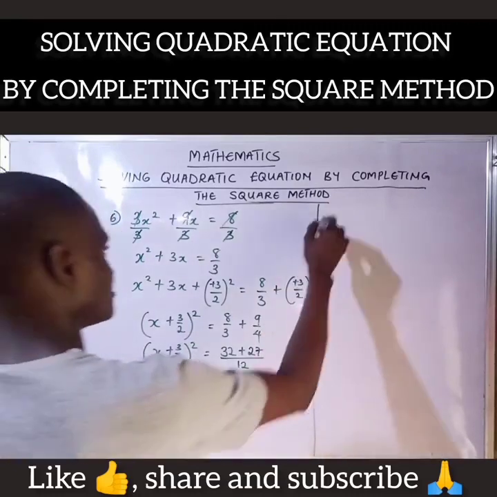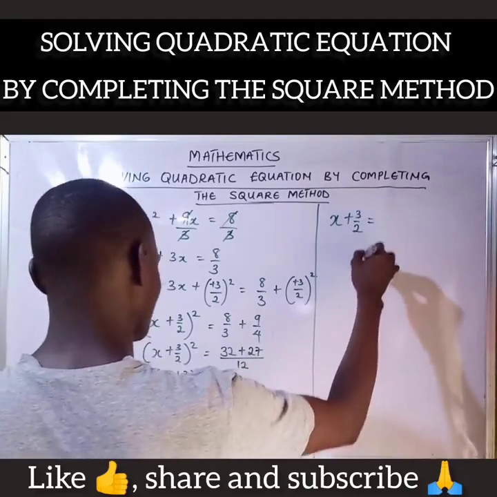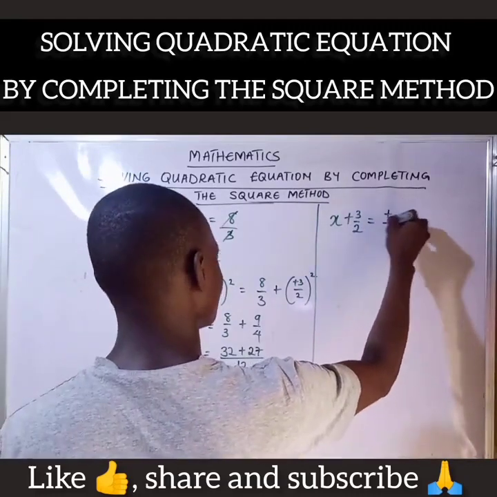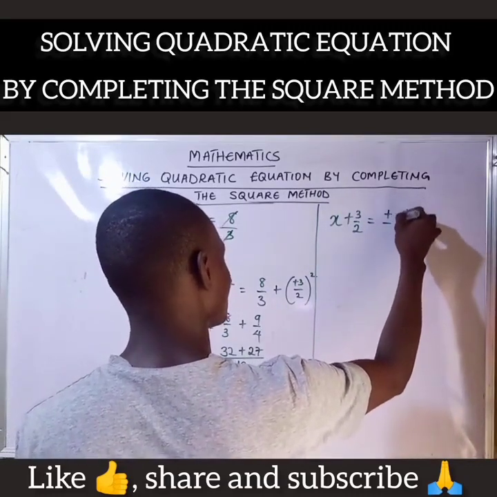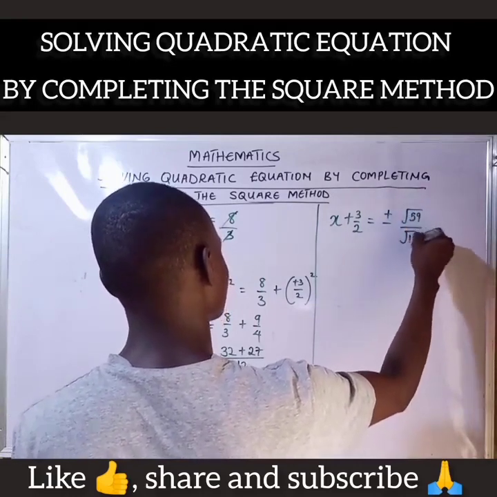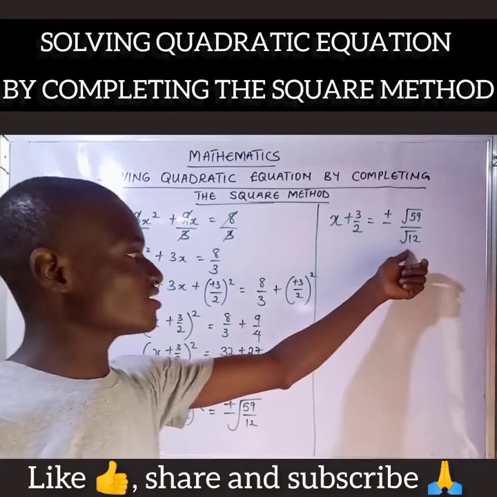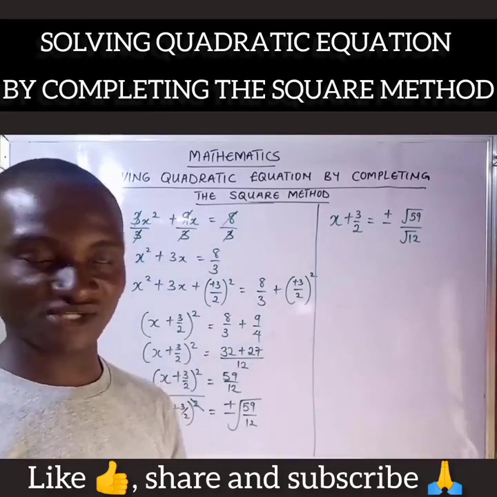I'll be having x plus 3 over 2, which is equal to plus or minus the square root of 59 over the square root of 12. So to deal with this, what I'm going to do is to rationalize the denominator, because I don't want the denominator to be an irrational number.